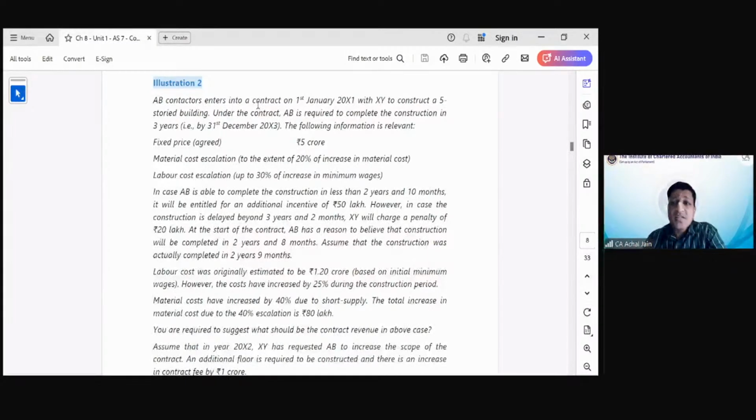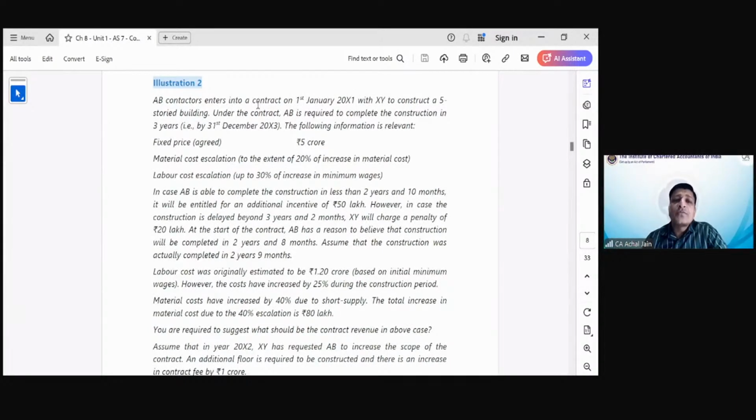Further it says, in case the construction is delayed beyond 3 years and 2 months, XY will charge a penalty from AB of 20 lakhs. So for 2 months delay, it appears there is no penalty. But if it goes beyond 2 months, then the penalty will be there for 20 lakhs.